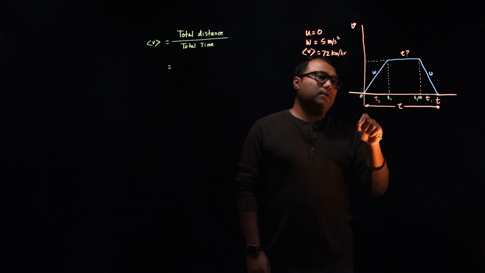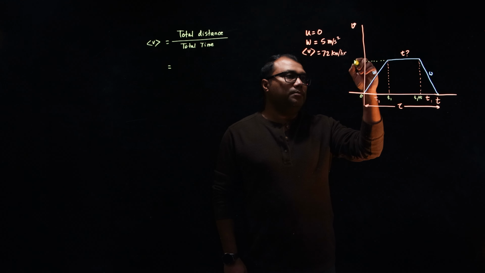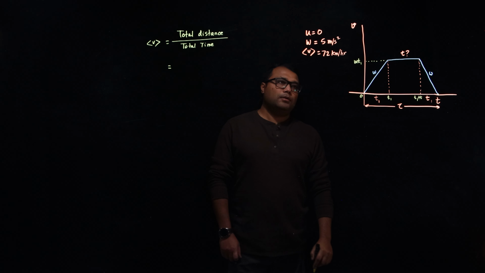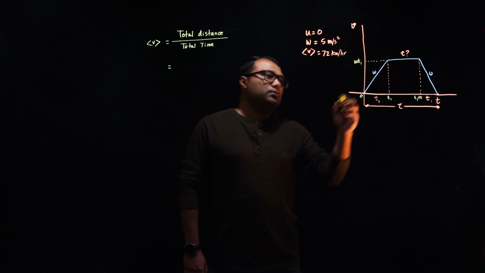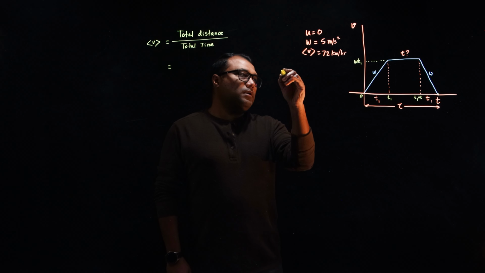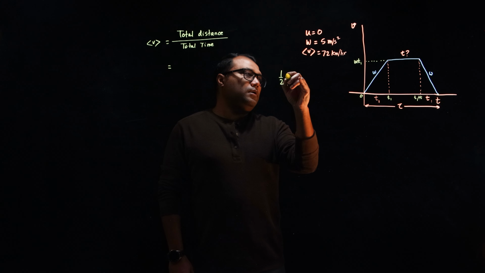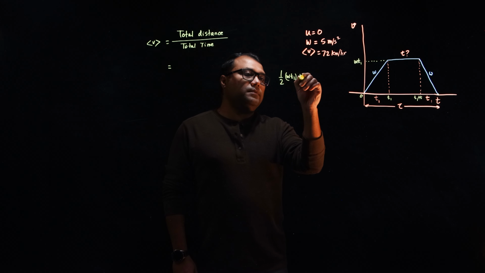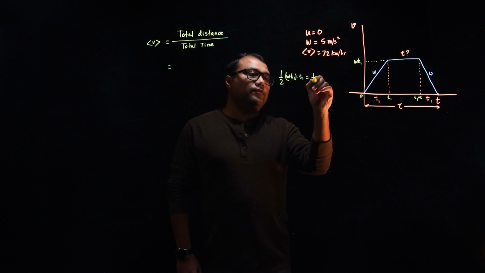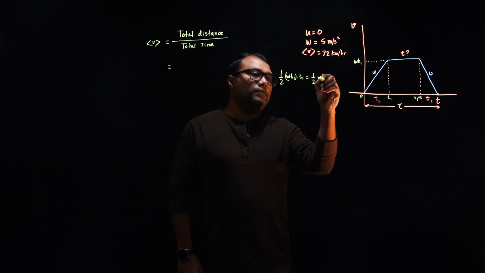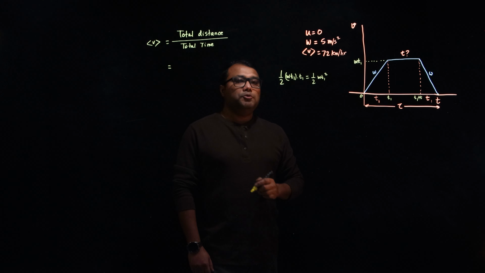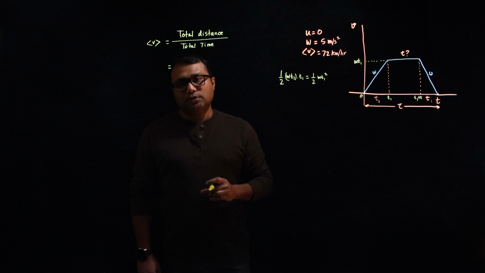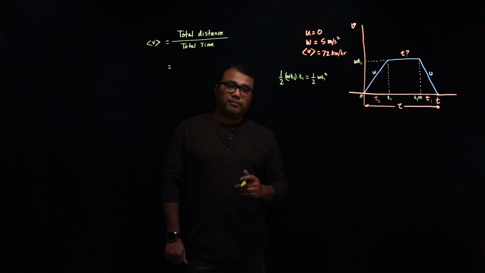The velocity at t1 is wt1. So the area of this one will be half wt1 times t1, or half wt1 square.